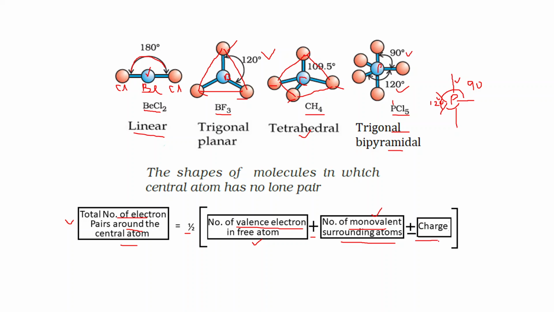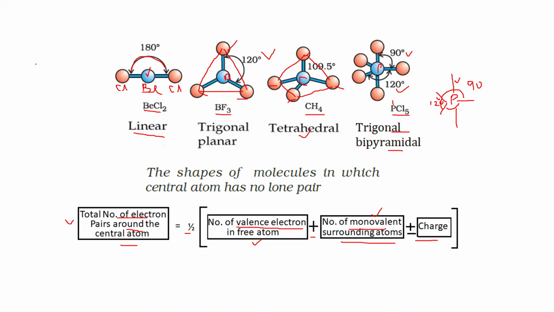If a positive ion is there, then subtract whatever positive charge is present, and if it is a negatively charged species, then add whatever charge is present.